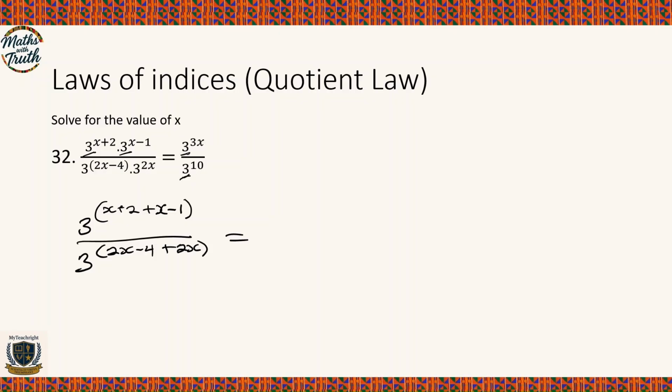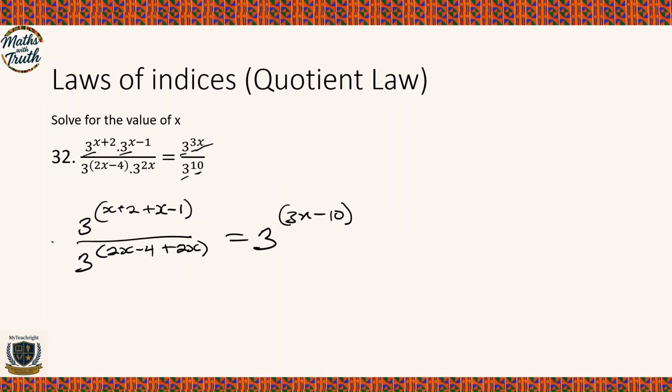Here you have the same base and you have some exponents, so you can just apply the quotient law of indices straight, and that is 3, which is the base, exponent the index of the numerator, that is 3x, minus the index of the denominator, that is 10.